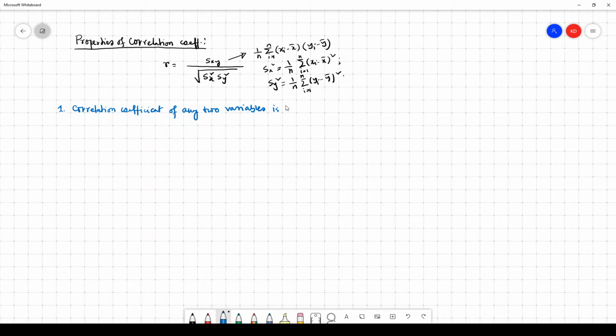So the correlation coefficient of any two variables is a pure number, that is, independent of the units of measurements of the variables. And this follows from the definition.